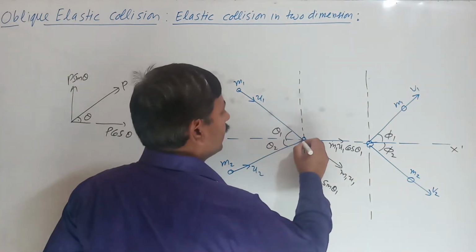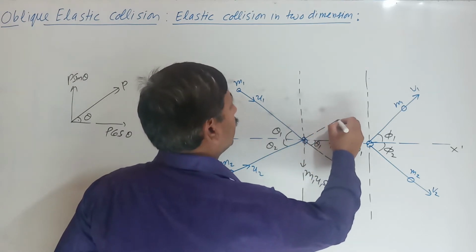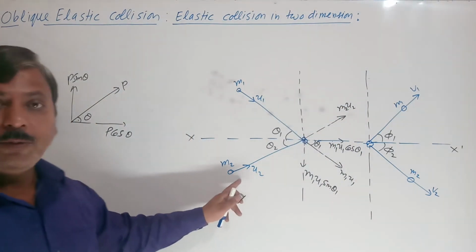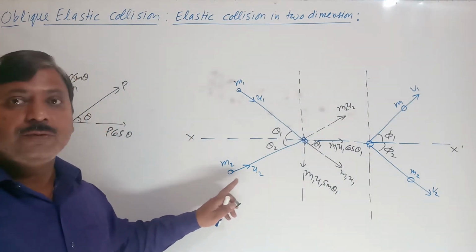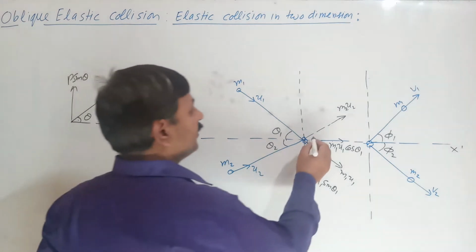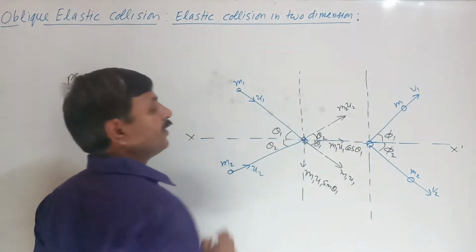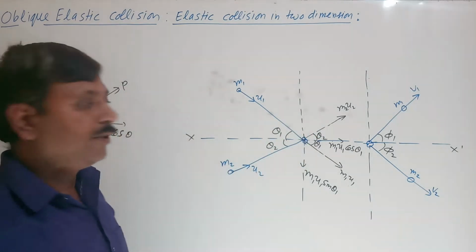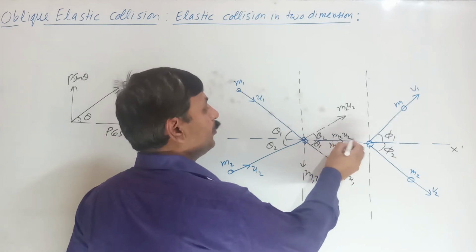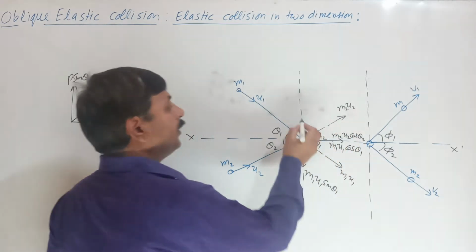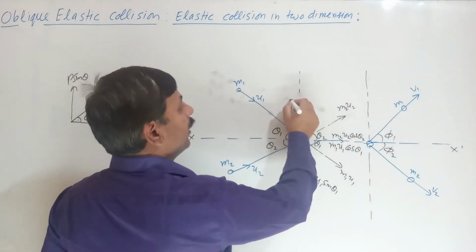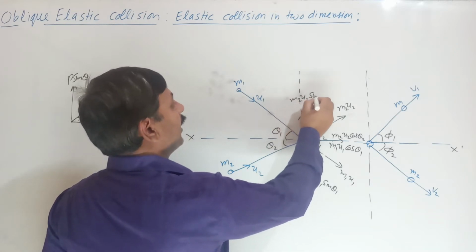In the same way, let us go for the components of m2 u2, the momentum of the second mass. If we break m2 u2 into components along the x-axis and along the y-axis, with this angle theta 2, then along the positive direction the component is m2 u2 cos theta 2, and the rectangular component upward is m2 u2 sin theta 2.